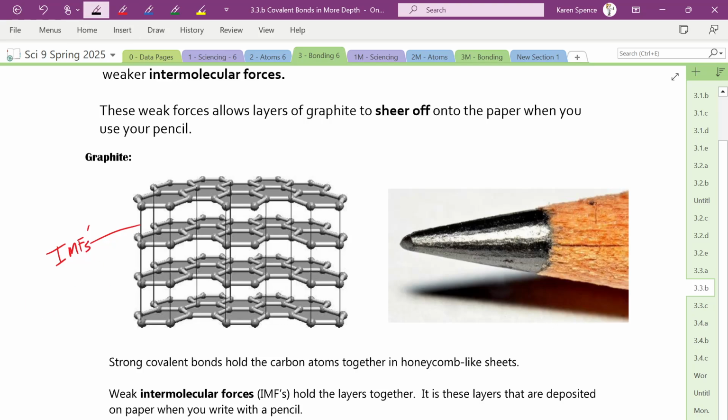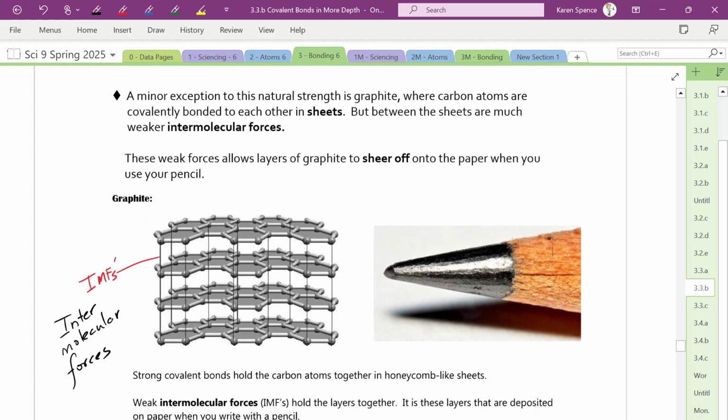And just so we remember what it's called, they're called intermolecular forces. Do you know where else we learned the word inter? Do you guys remember learning inter earlier in the year? Yeah, when we interpolate.